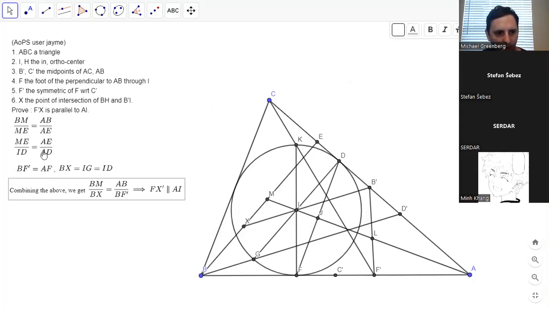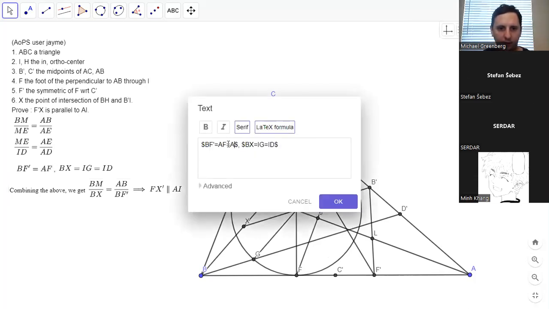So you just combine these, but where does BF prime equals AF come into play? Okay, so let me think about this. ME. So BF prime is AF. Oh, because AF is AB. BF prime equals AF equals AB. Okay. So that's the first solution.